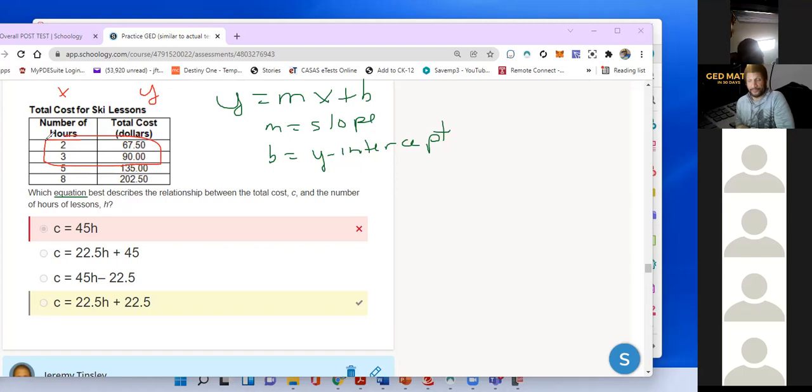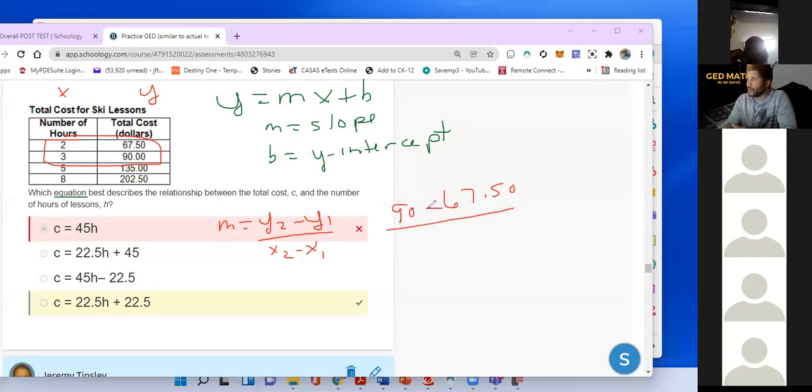Okay, 2 points. Now, to find the slope, you should know y2 minus y1 over x2 minus x1. So my y2 is 90 minus 67.50 over x2 is 3 minus x1 is 2. 90 minus 67.50 is 22.5 over 1.